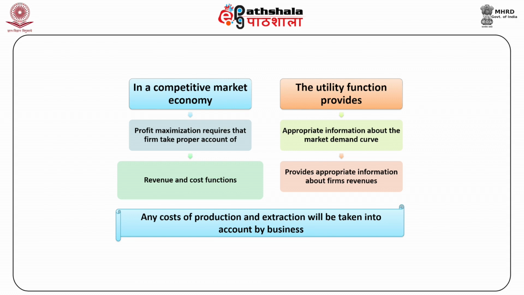In a competitive market economy, profit maximization requires that the firms take proper account of their revenue and cost functions. The utility function provides appropriate information about the market demand curve and so provides appropriate information about the firm's revenues. Any costs of production and extraction will be taken into account by business.